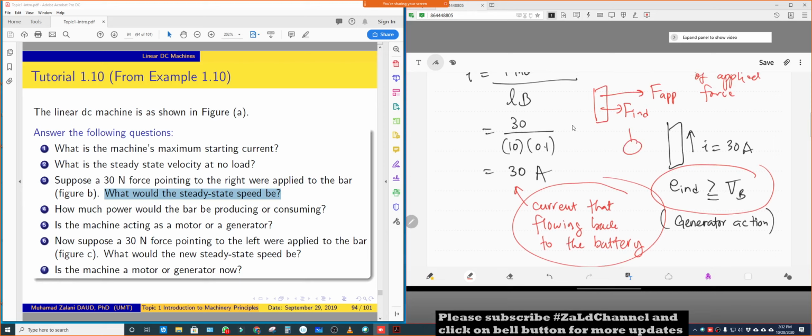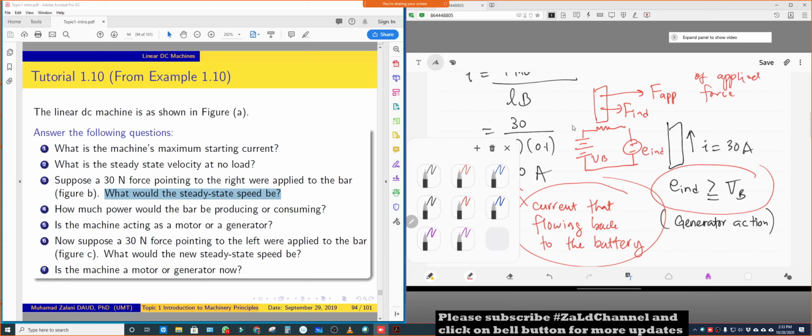If I can further draw this, it will look like this. So I have my resistor here. If I simplify this machine, now we have induced voltage at the right and VB at the left.